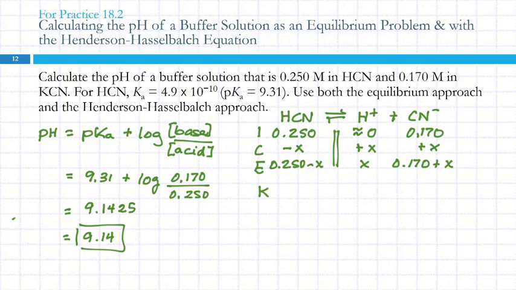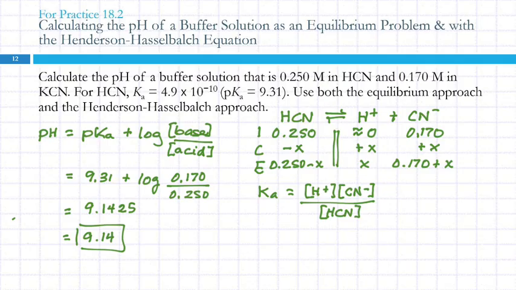So then we write the expression for the equilibrium constant. A lot of this is kind of repetitious, isn't it? And then we put the numbers in.